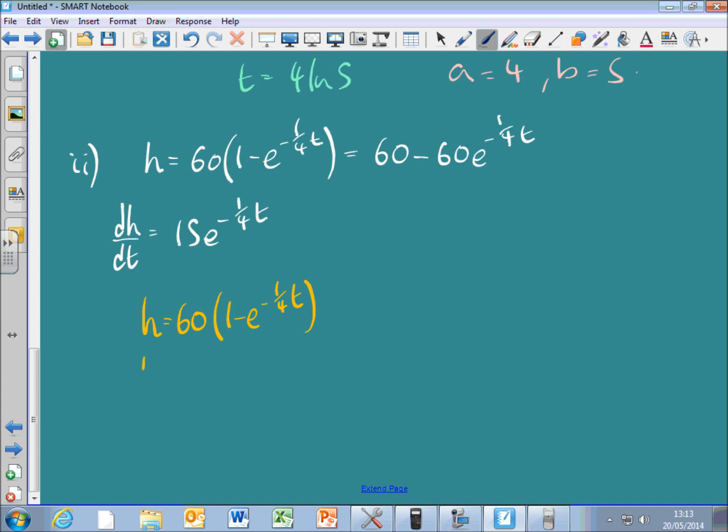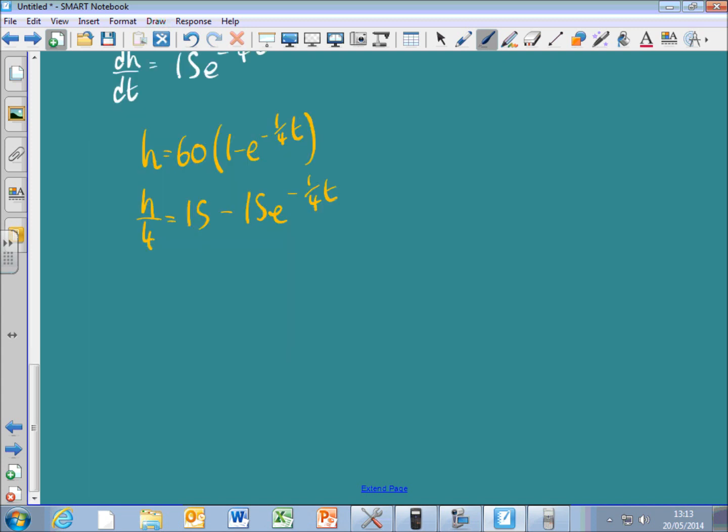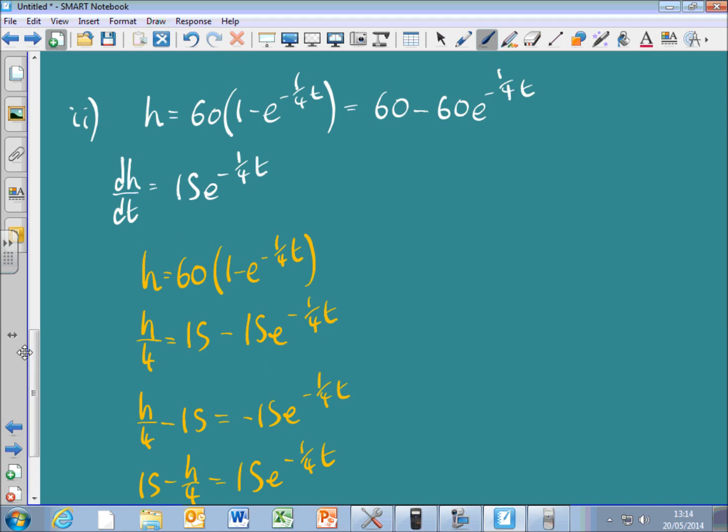So h divided by 4 is equal to 15 minus 15 e to the minus a quarter t, and h over 4 minus 15, it's going to be minus 15 e to the negative a quarter t, and times by minus 1, I'm going to get 15 minus h over 4 is equal to 15 e to the minus a quarter t, which was what we had when we did dh dt.